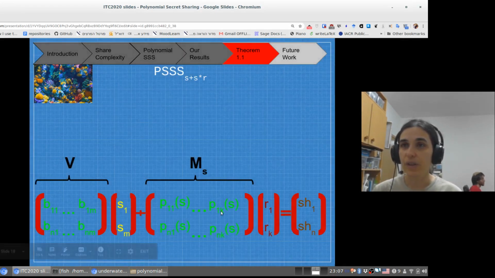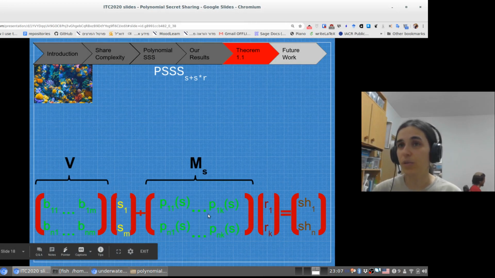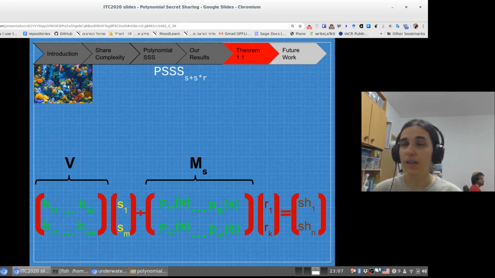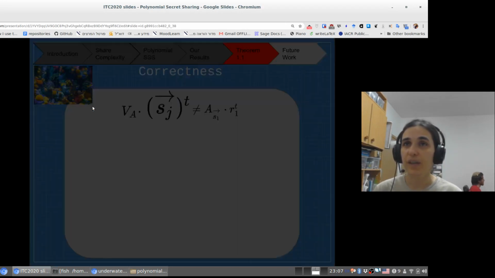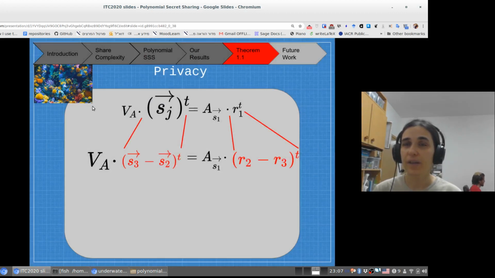So if we look here, we basically just substitute S1 in this matrix, and it turns out that it works. So the scheme is clearly multilinear, and it works. And in the deep dive part, we will provide the proof, which is pretty simple. Let me skip it for now.